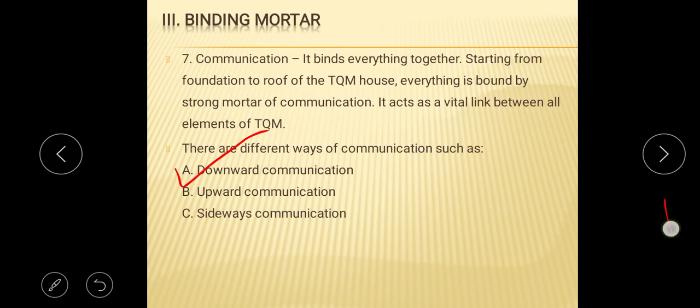Next one is upward communication. By this, the lower level of employees are able to provide suggestions to upper management on the effects of TQM. As employees provide insight and constructive criticism, supervisors must listen effectively to correct the situation that comes about through the use of TQM.